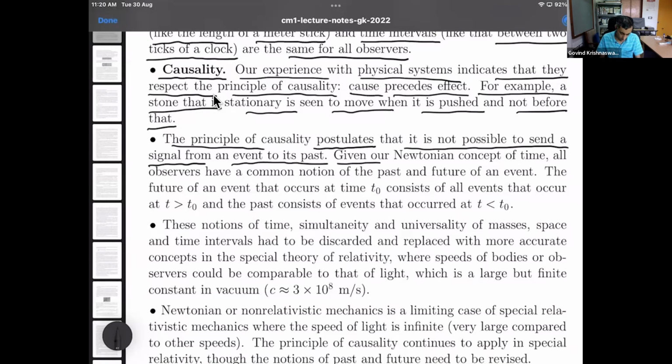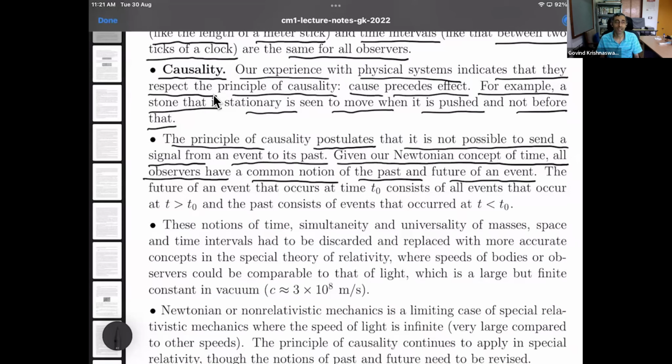Now, given our Newtonian concept of time, all observers have a common notion of the past and future of an event. Because once we have synchronized our clocks, we all say that the current time is 11:20 and 59 seconds today.